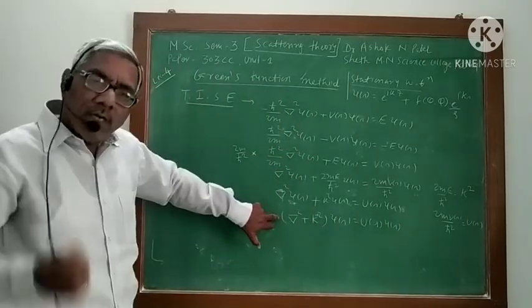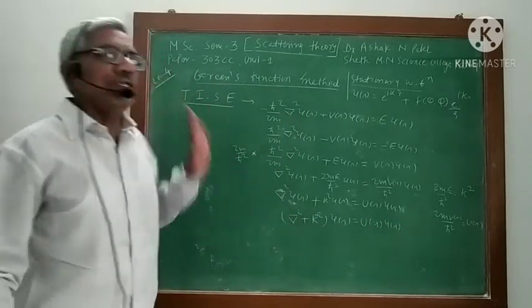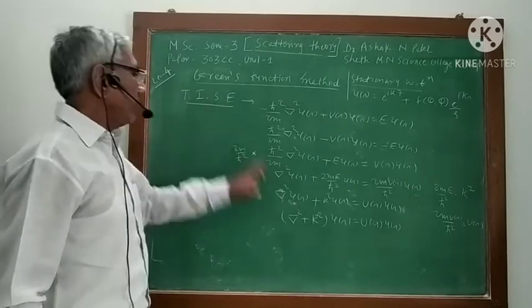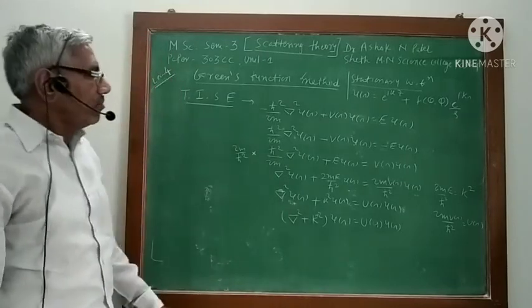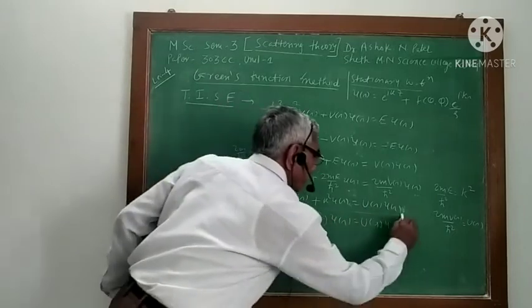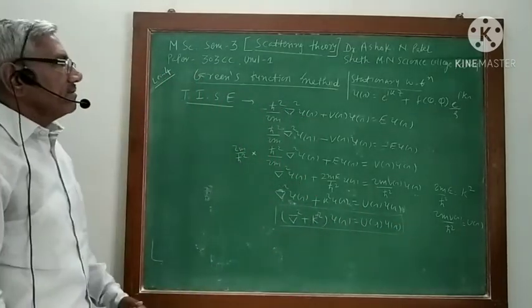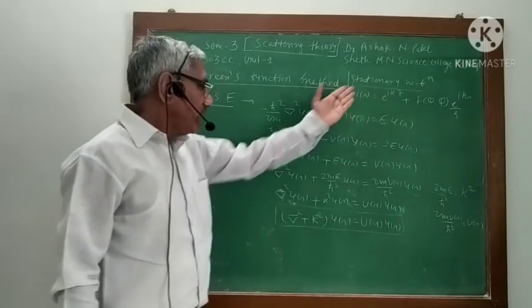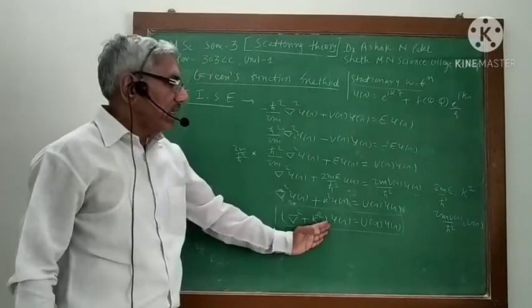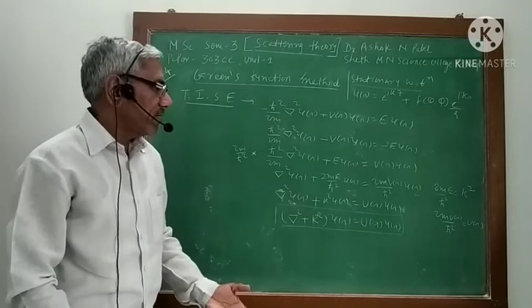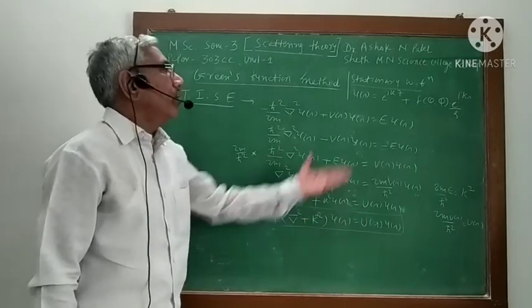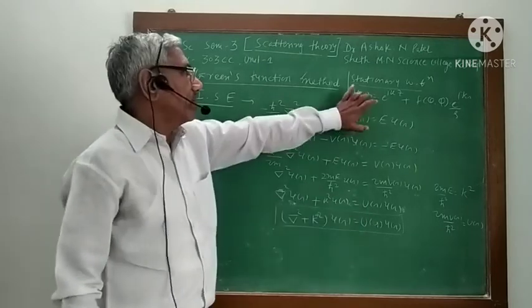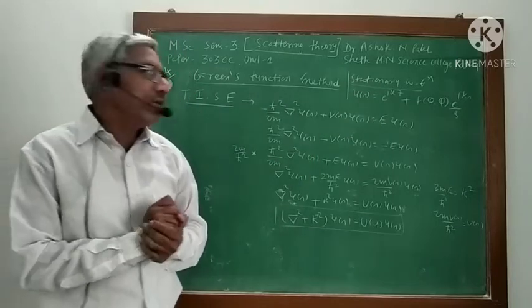Now this is also another form of the time independent Schrodinger equation. So now this is my Schrodinger equation, time independent. Then if this is my solution, I substitute it over here and solve it, and I get the exact solution of the stationary wave function.